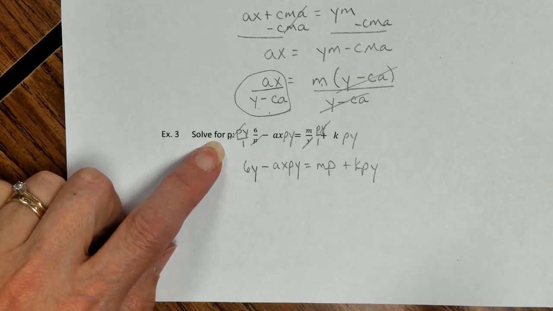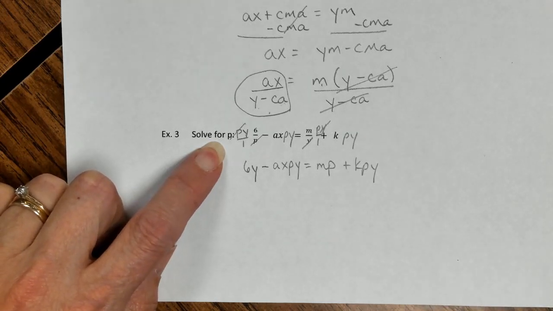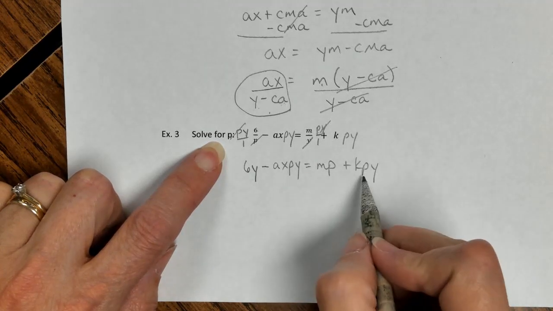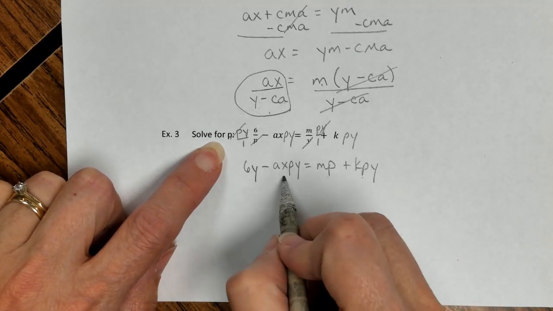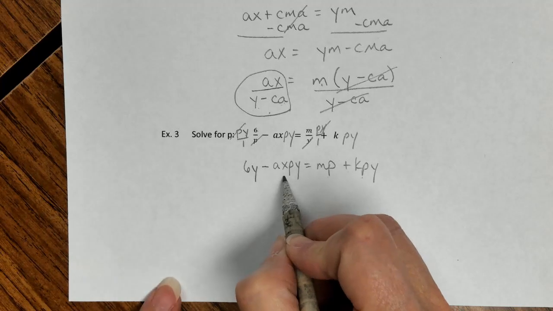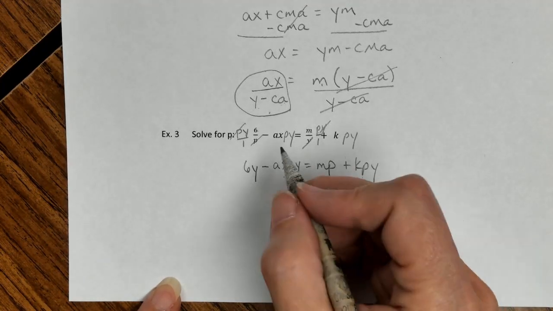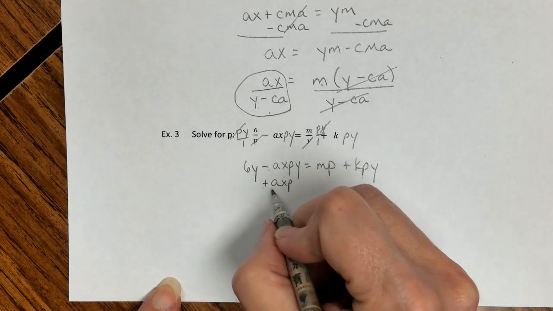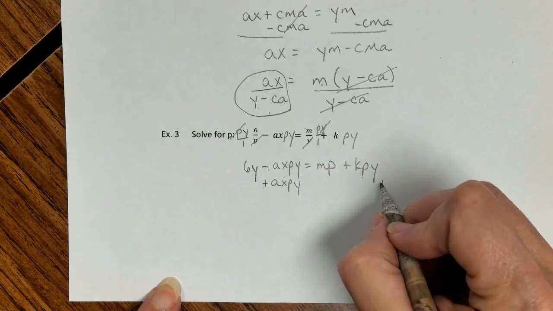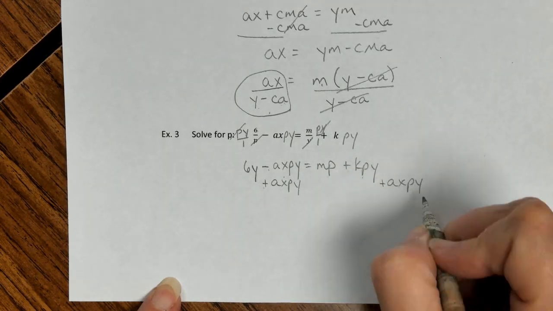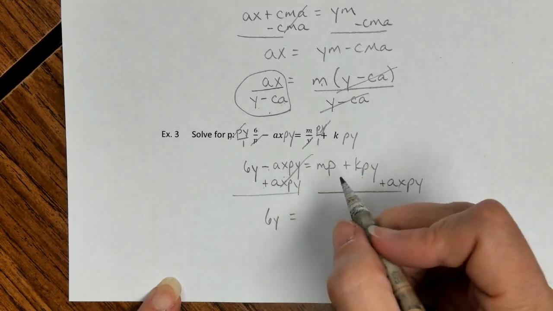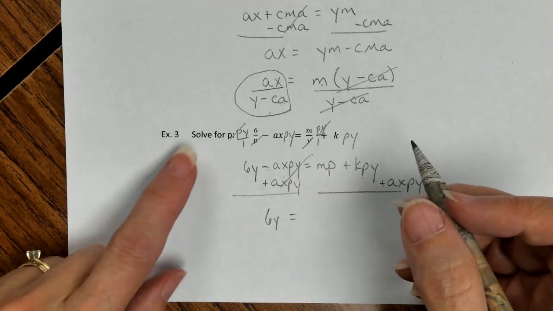So every term with a p needs to be on one side, and every term without a p needs to be on the other side. That has it, and this has it. So we're going to move this over there. That was a minus, so we'll add axpy to both sides. 6y equals, I'm going to go ahead and factor the p now. That's the next step.